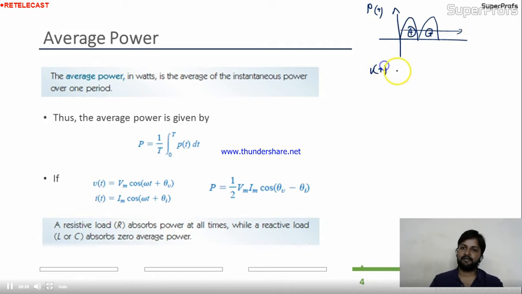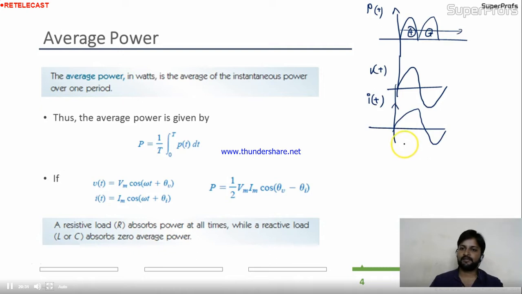See, if the v(t) is like this, what will be the current across the resistor? Same phase. The power across the resistor is v into i, this is the power p(t). p is nothing but v(t) into i(t).